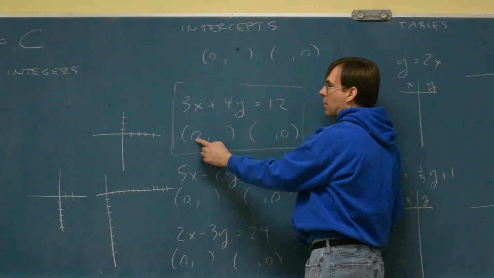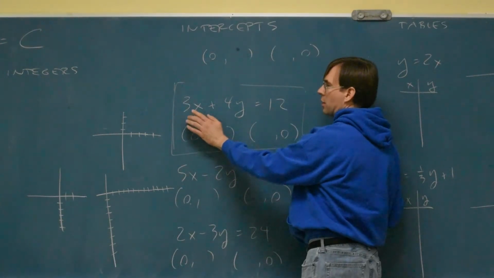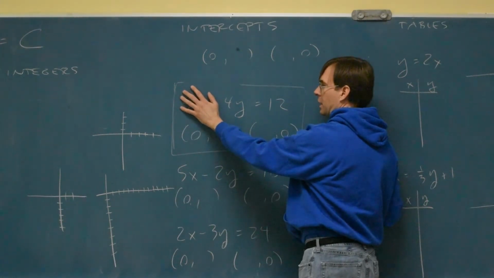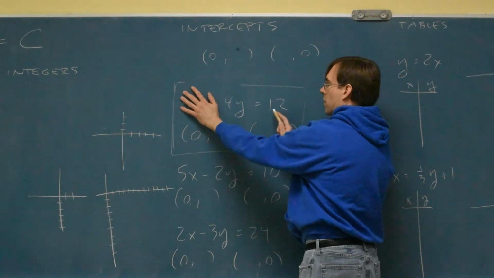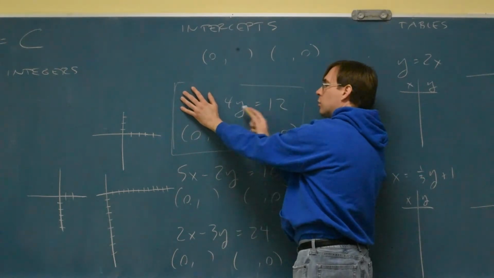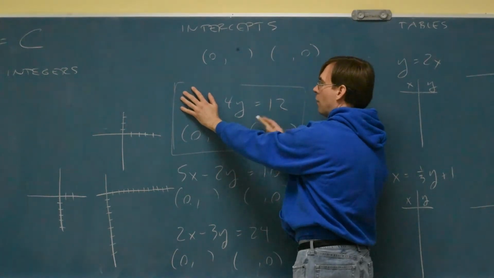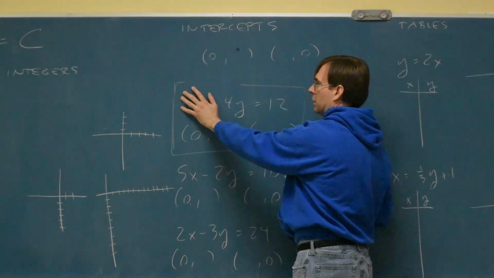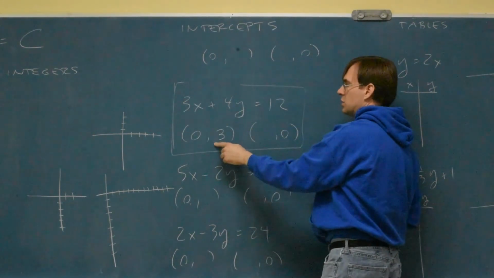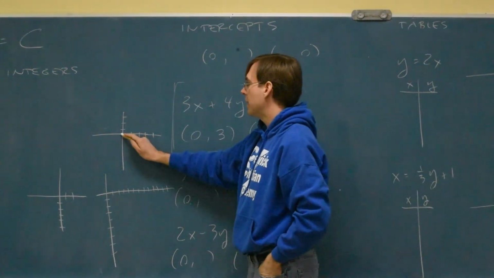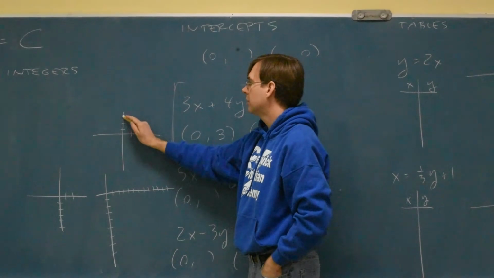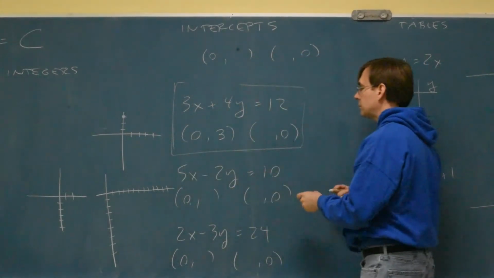If x is 0, I'm just going to cover up the x part of the problem with my hand. And I'm going to focus on the y part of the problem. If 4y equals 12, we can solve that by doing an opposite. Look to divide by 4, and that would reveal a 3. (0, 3) is a point located up 3 relative to where the origin is.